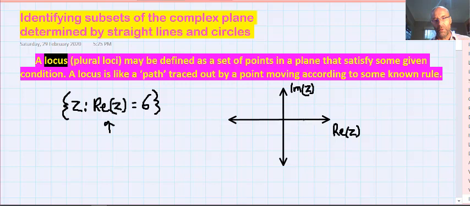So if we say 6 is here on the real axis, all of the points follow that. So what we end up with is a vertical line. We get a line that's parallel to the imaginary axis that always goes through 6, the real 6.